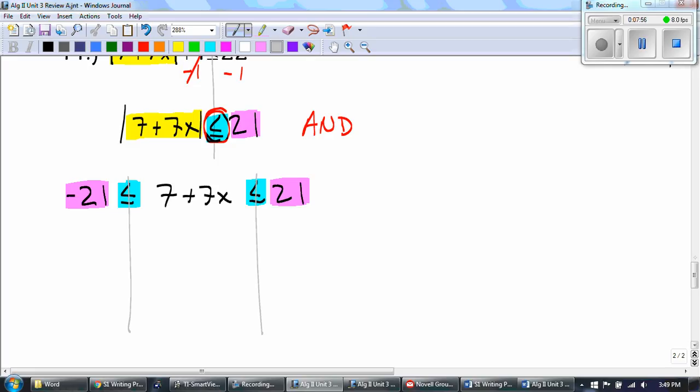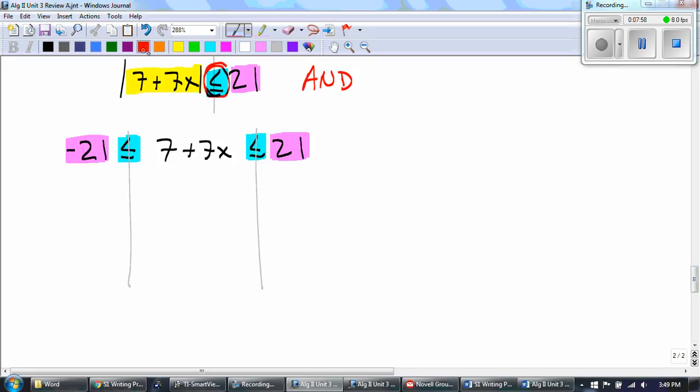We solve using SADMAP. So I have to subtract 7 to all three sides. -21 minus 7 is -28, less than or equal to 7x, which is less than or equal to 14.